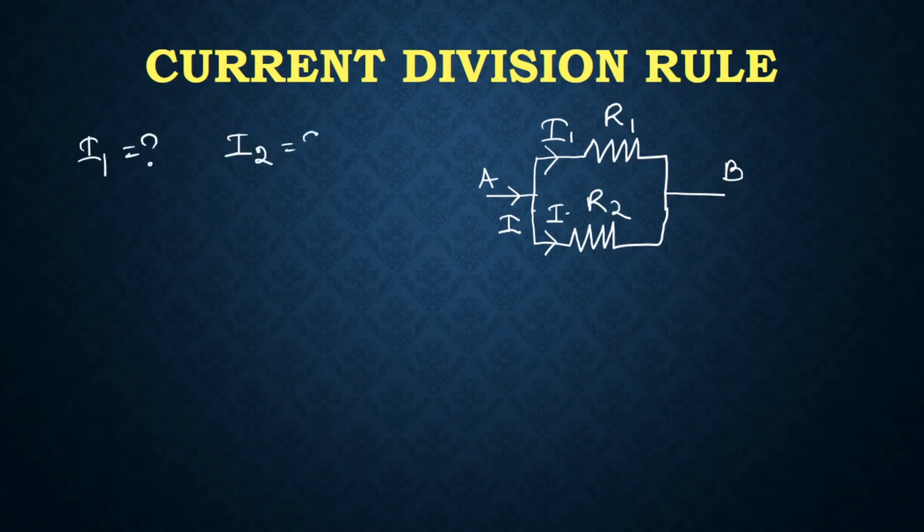Now I will find the value of I1 and I2, if the values of I and R1 and R2 are known.